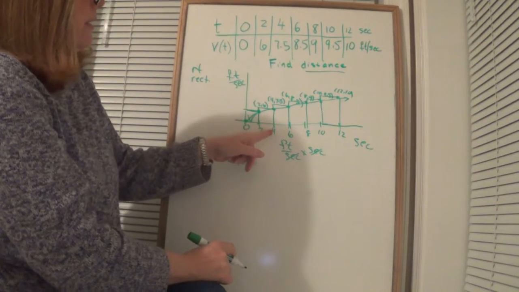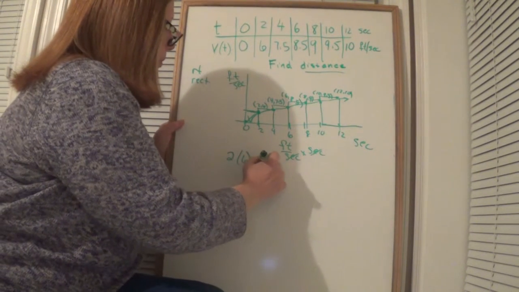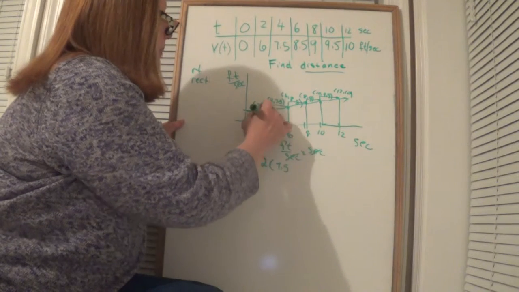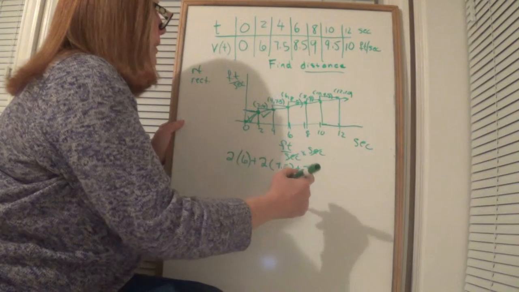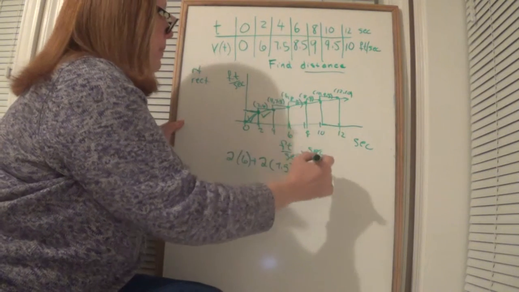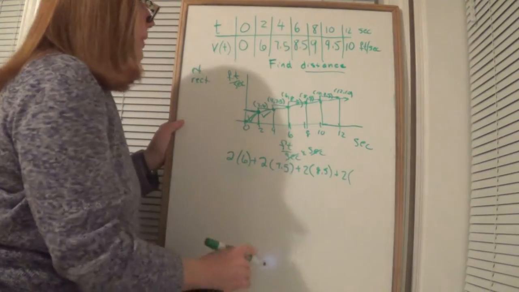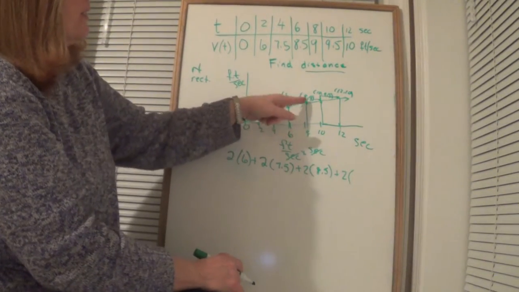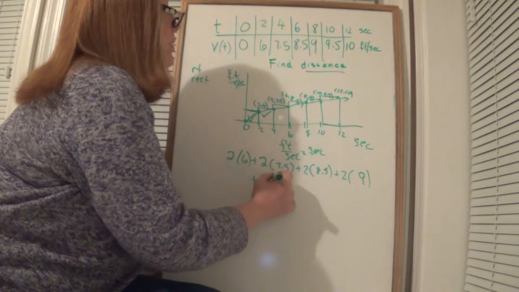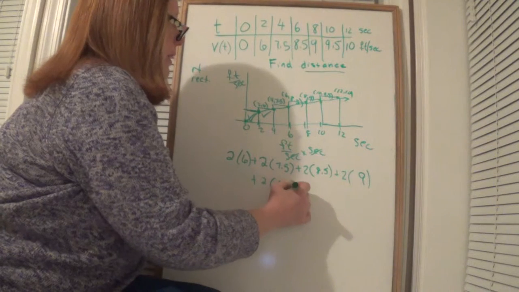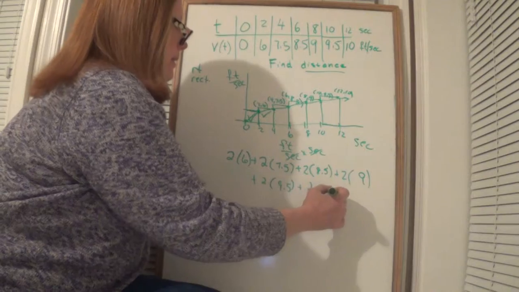The next box has a right value of 7.5 and a width of 2. The next one has a width of 2 and its height is 8.5. The next box is a 9, plus 2, the next box is a 9.5, and 2, and the next box is a 10.